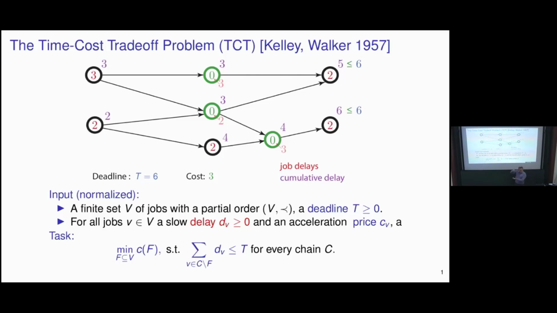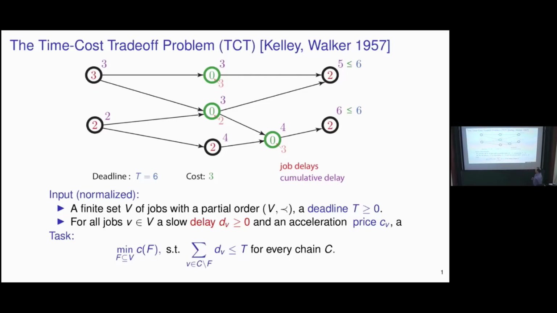You take a vertex with a choice of different delay alternatives and replace it by a set of parallel vertices, where every vertex represents one of the execution times, and the prices are always the differences to the next faster execution time. Once you do this reduction, we have an input that we call normalized, and that's the basis for further approximation algorithms.